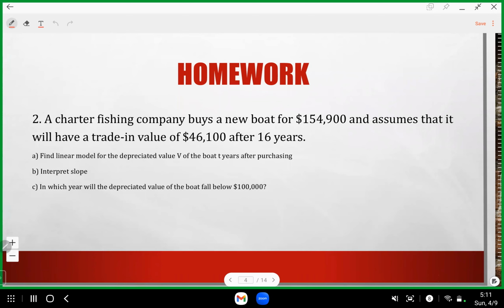So as time goes on, this boat might break or something, and its condition is going to get worse. So of course the value is going to go down. So we need to find an equation for that. And then you need to interpret the slope. And then finally, in which year will the depreciated value of the boat fall below $100,000?